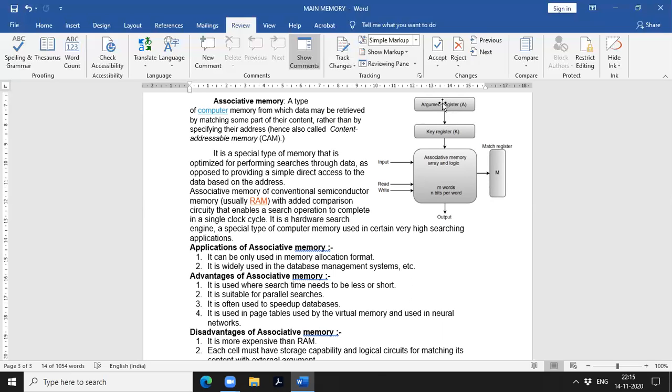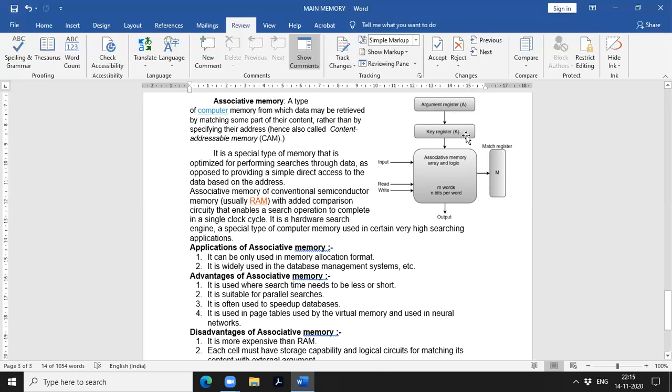But here in associative memory we are storing the data in a content manner, not by its address. I hope you understand, students.